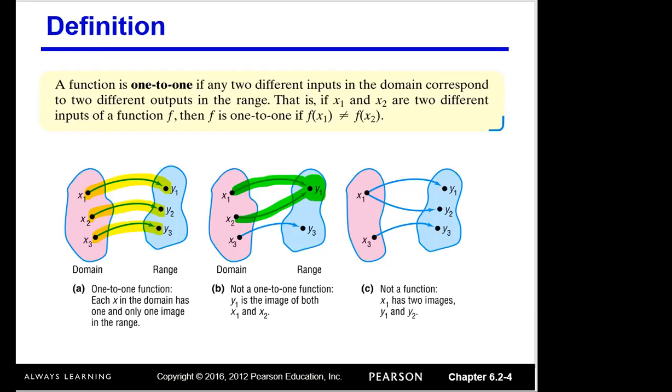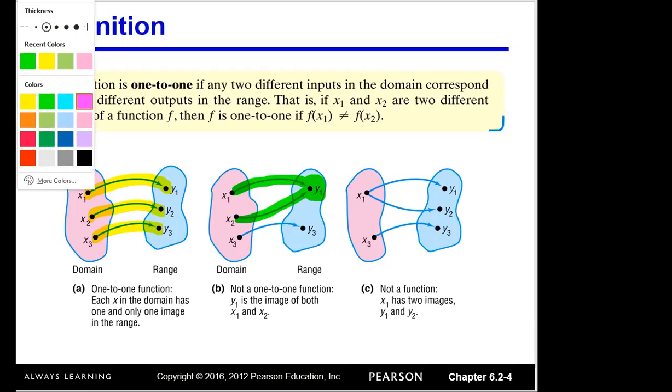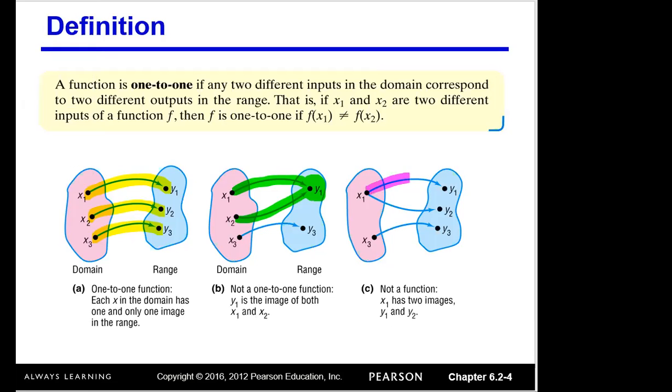And then the last one isn't even a function because it violates the function rule where 1 x goes to 2 different y's. So that's not even a function, but it's not 1 to 1 either. So that's all 1 to 1 means. Every single x has only one y coordinate associated and vice versa, period.